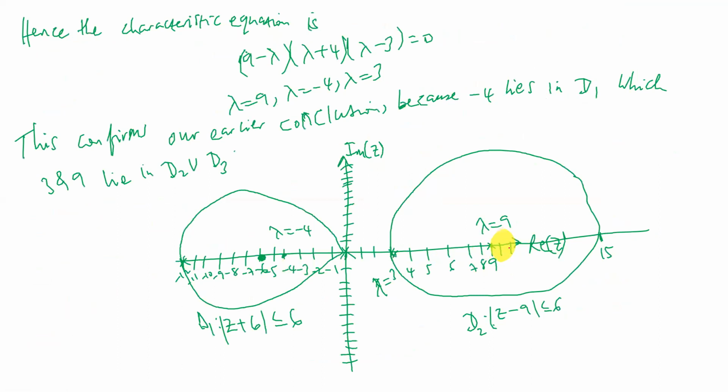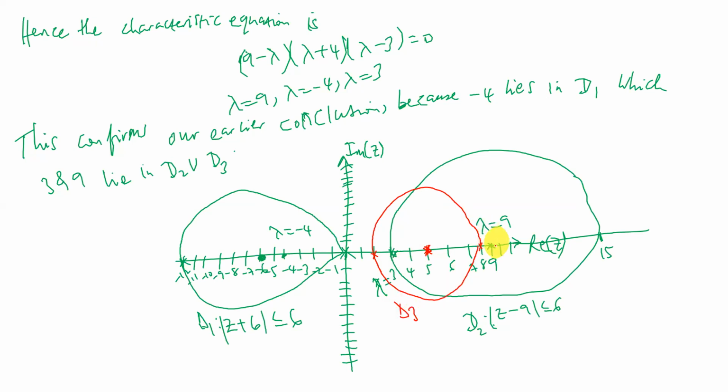So center 5, radius 3 units: 1, 2, 3, and then 1, 2, 3. Okay, so you have this. Right, so we can see that this is disk 3.